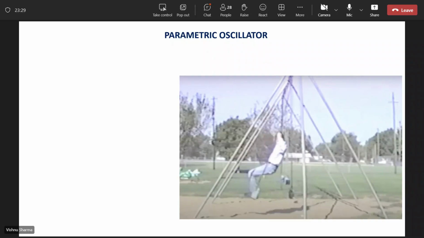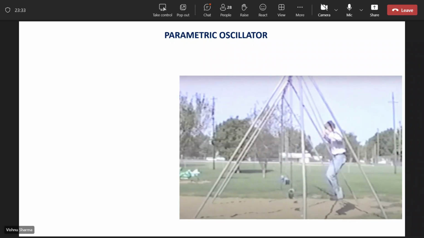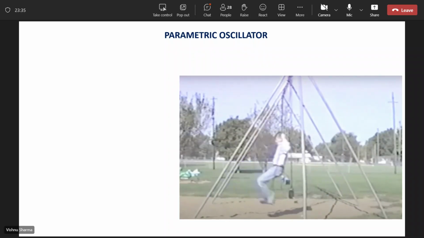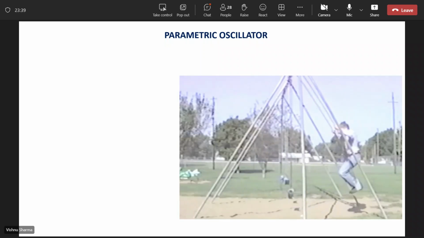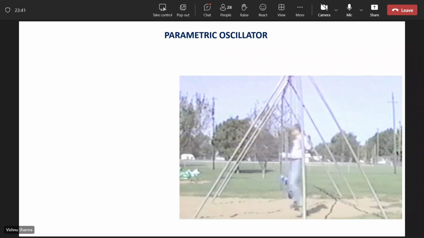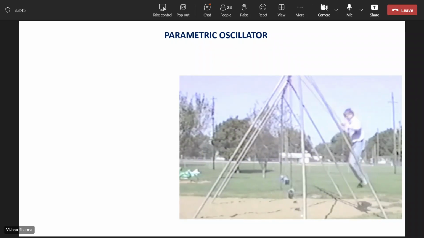You see, 1, 2, 1, 2. In one oscillation, he's pumping it twice. Can you see it? Is there anybody pushing from outside? No. What is this guy doing? He's pumping the swing by himself.